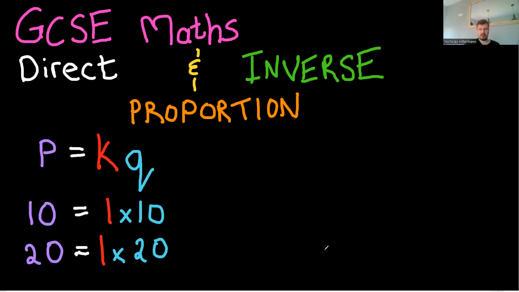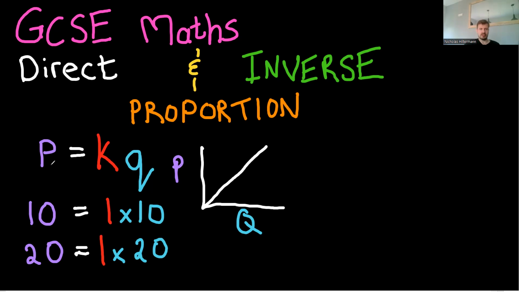So it's like direct proportion. If we look at it as a graph, as P goes up, then Q goes up as well in the same proportion. Direct proportion means that as one thing goes up, the other thing goes up as well.